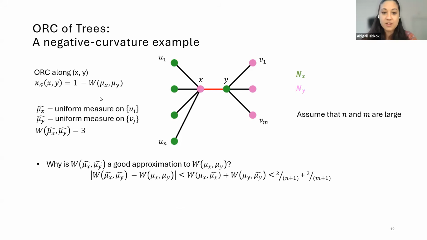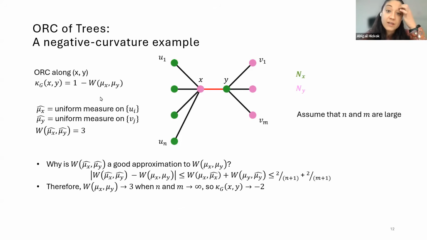So we can upper bound the difference by something very small when n and m are very large. So as n and m approach infinity, we can see that our Wasserstein distance between mu x, the uniform measure on the one-hop neighborhood of x, and mu y approaches 3 as the number of nodes increases to infinity. And so as the number of nodes gets large, the ORC approaches -2, which is the lowest possible value that it can take on.